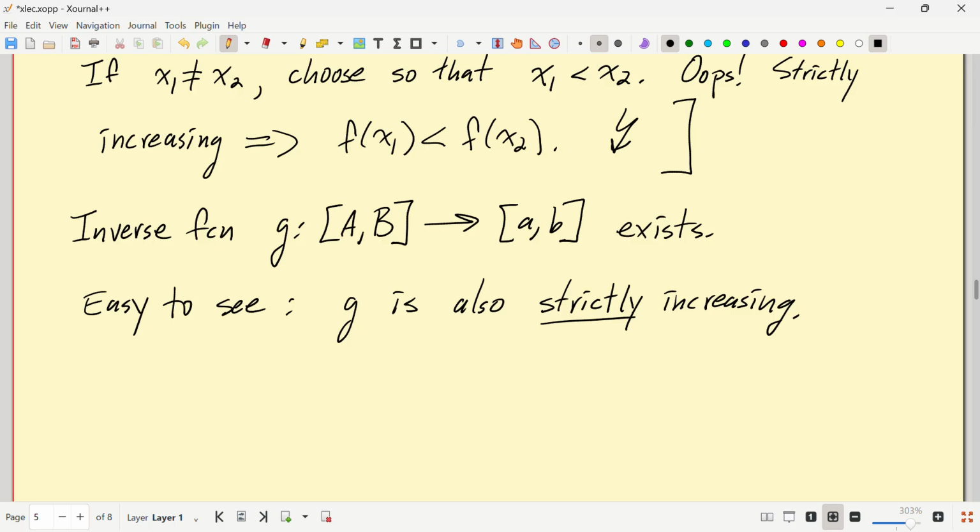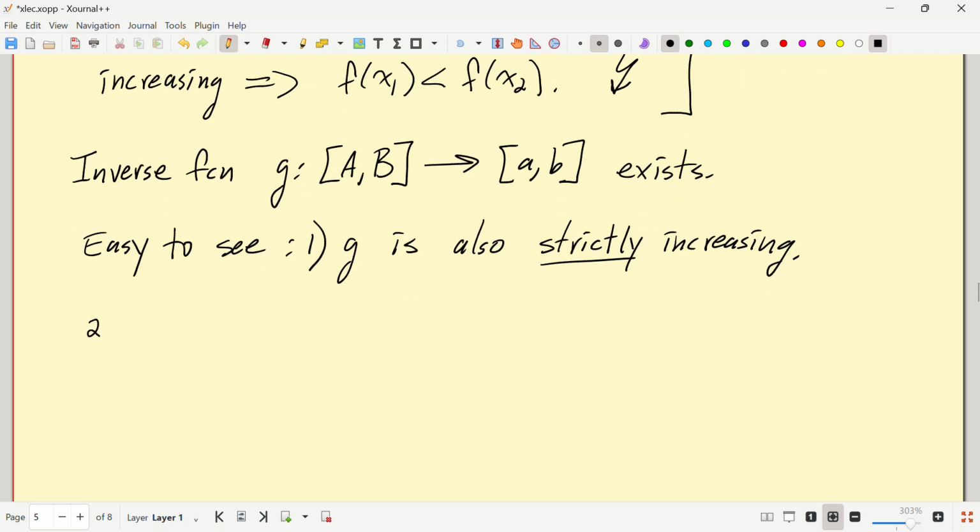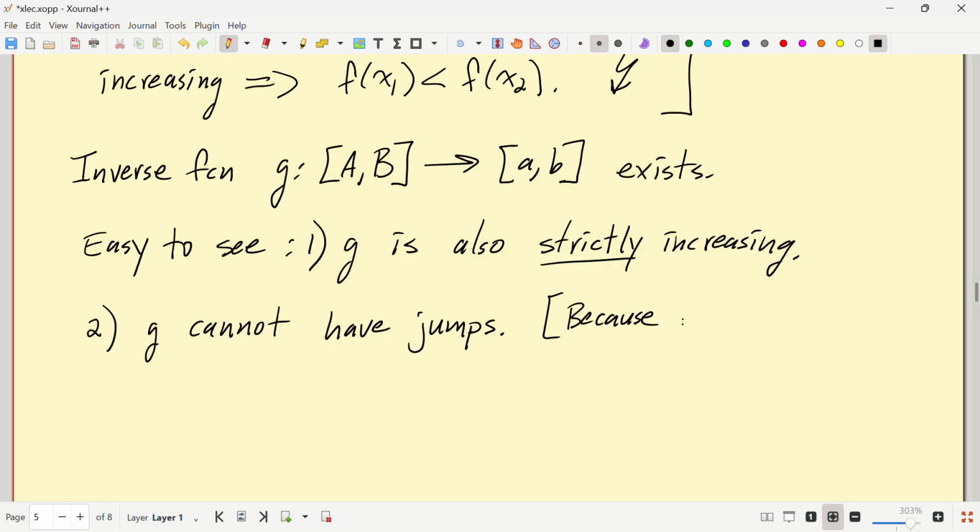Okay, and another easy thing to see is that g cannot have jumps. So one thing is it's strictly increasing, and the second thing is that g cannot have jumps, because jumps are spots that get missed.